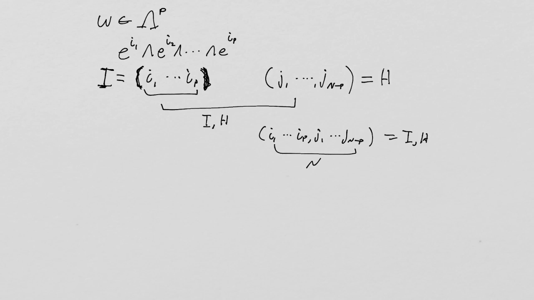That just means concatenation of the two lists. And these lists do not have to be strict, right? We're not forcing I1 less than I2 less than IP or anything like that. Certainly, even if we did, this list would not be increasing, because if I chose 1, 5, 6, 7 to be the first list, then I would have to ultimately have 2, 3, and 4 in the second list, right? And clearly that's not increasing. So we don't enforce increasingness, strictness. We don't enforce the strict rule on any of this.